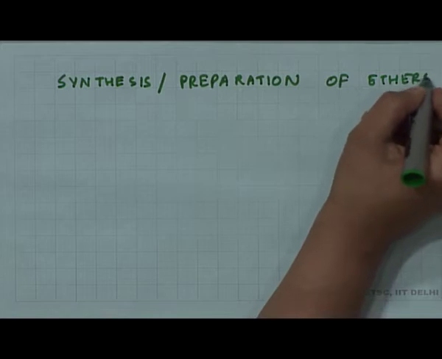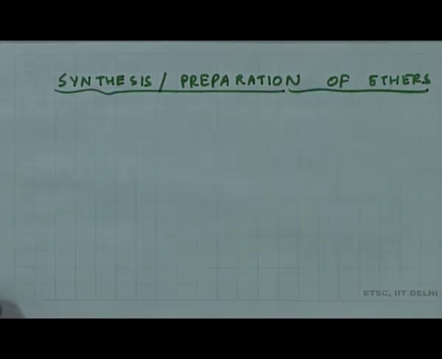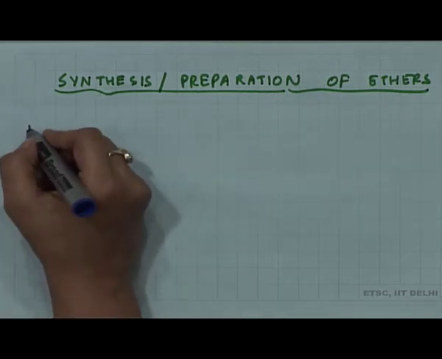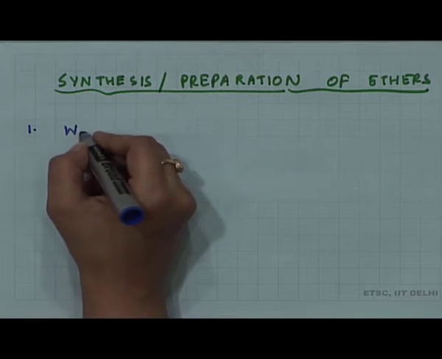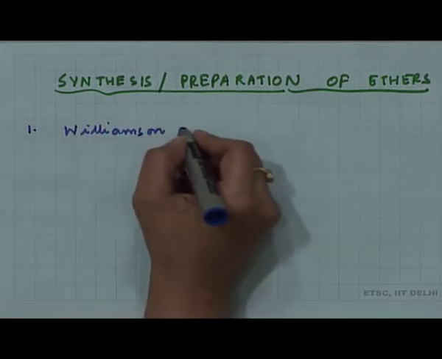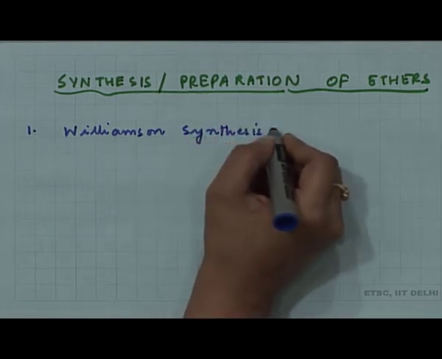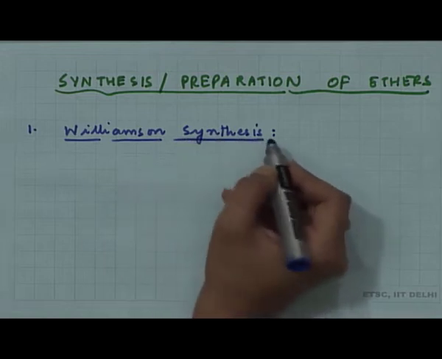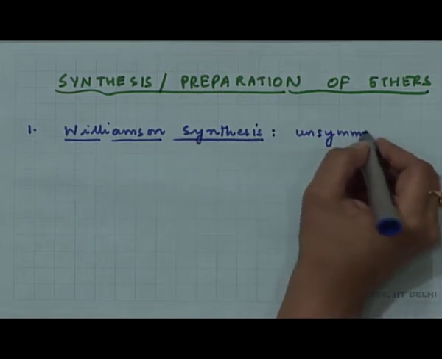The most popular synthetic protocol for making ethers is a named reaction which is called Williamson synthesis. Williamson synthesis is a method which is used to make unsymmetrical as well as symmetrical ethers.